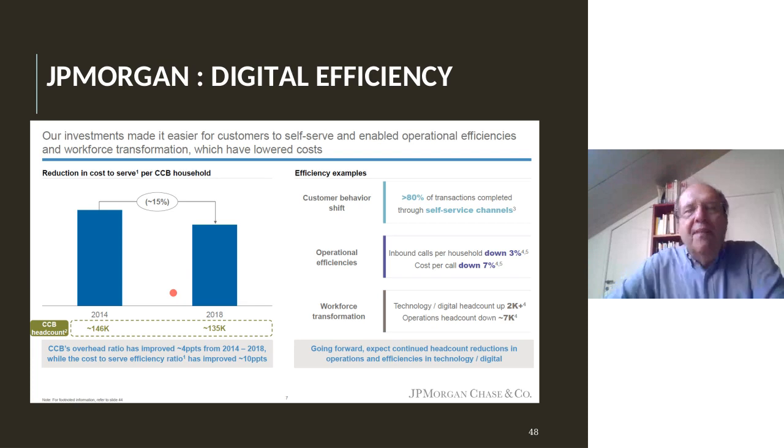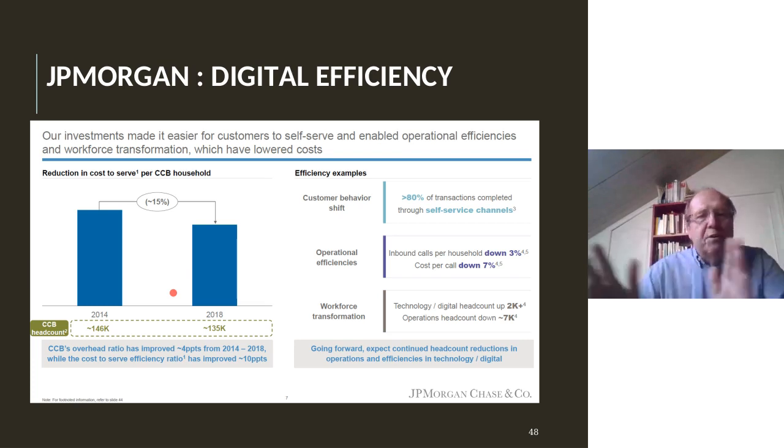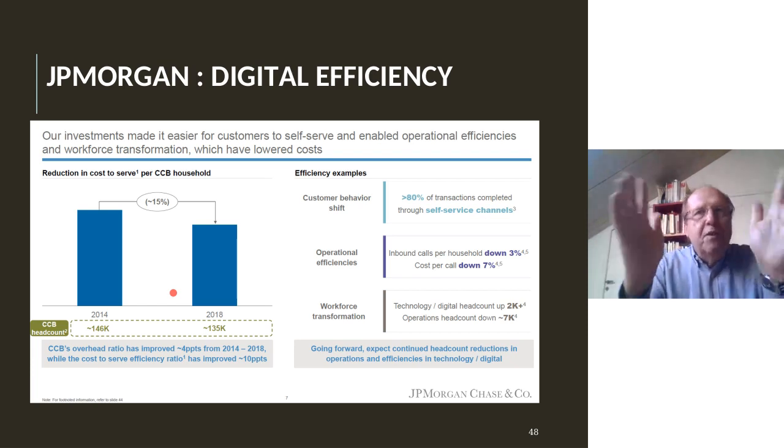If you decrease your unit cost by 15%, it means that you can reallocate resources to other project development, and the cost reduced because they used to invest a lot of money into the tech.